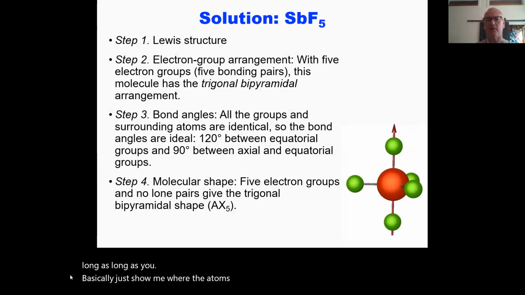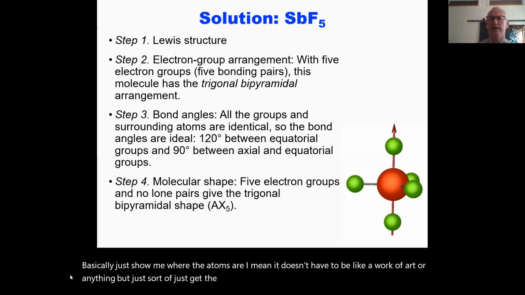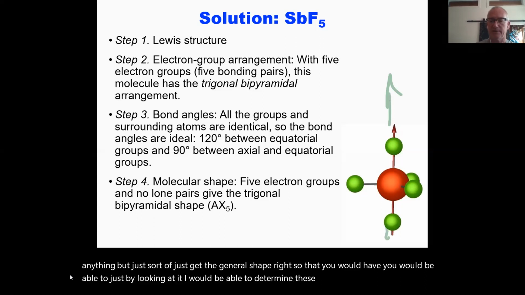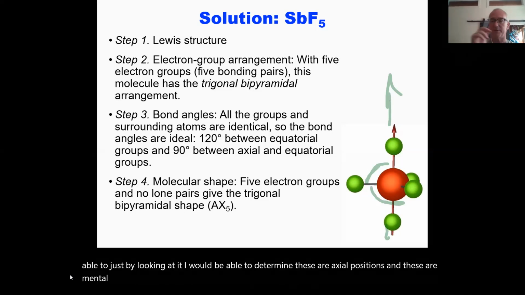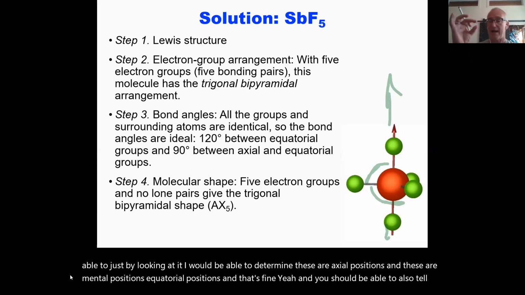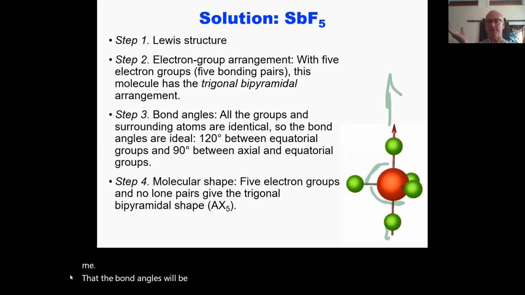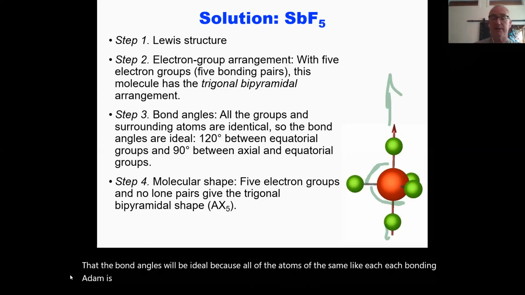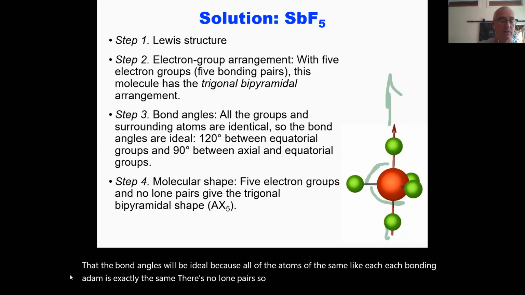It doesn't have to be a work of art, but get the general shape right, so that I can determine these are axial positions and these are equatorial positions. You should also be able to tell me that the bond angles will be ideal, because each bonding atom is exactly the same. There's no lone pairs, so it should be the ideal situation.